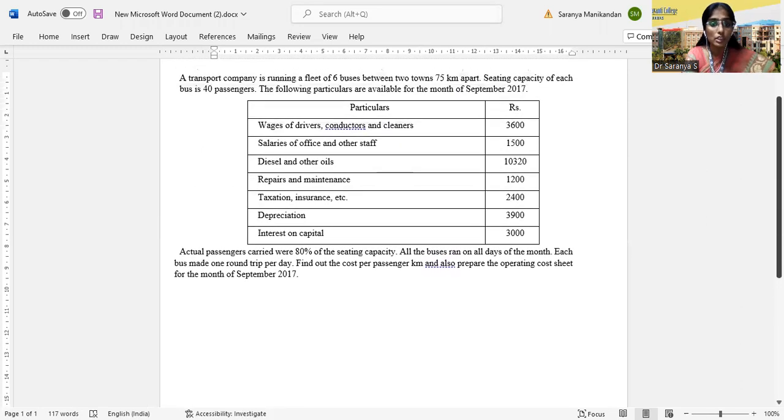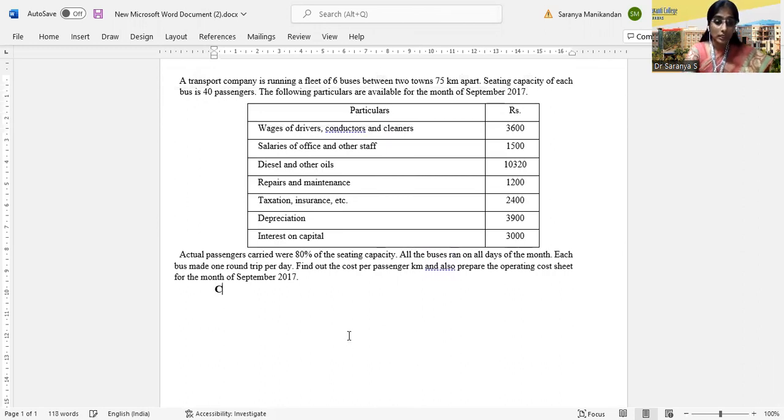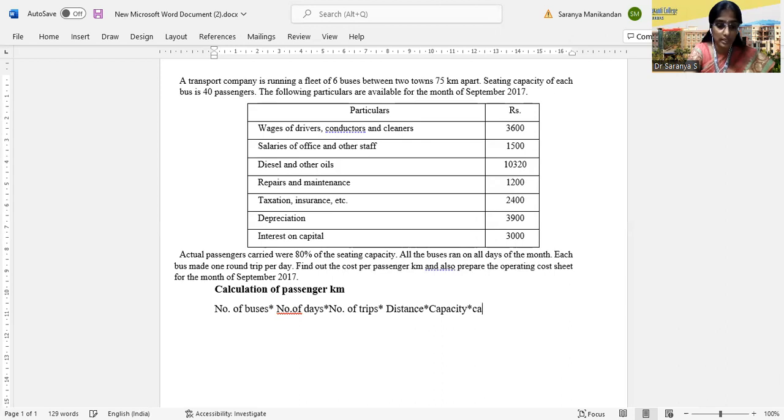So first we need to calculate the passenger kilometer. Okay, so calculation of passenger kilometer. Here we have a formula, that is number of buses into number of days into number of trips into distance into capacity into actual capacity utilized.